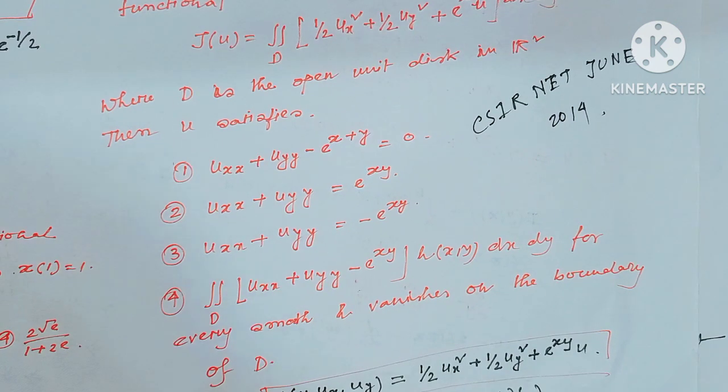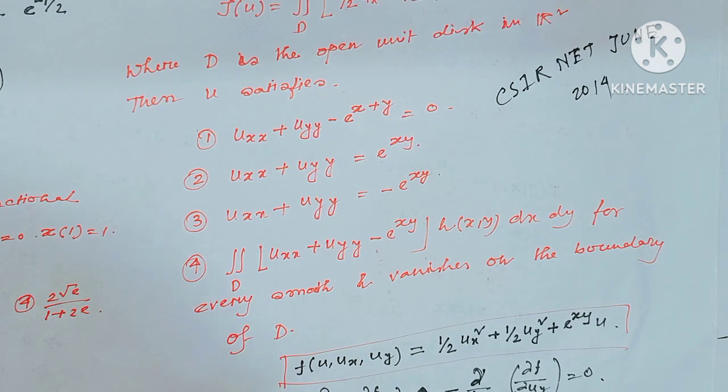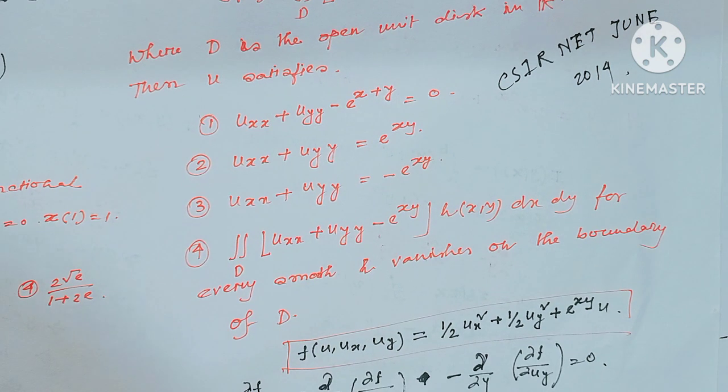Then u satisfies: option 1, u_xx plus u_yy minus e^(x+y) equal to 0. Option 2, u_xx plus u_yy equal to e^(xy). Option 3, u_xx plus u_yy equal to minus e^(xy).